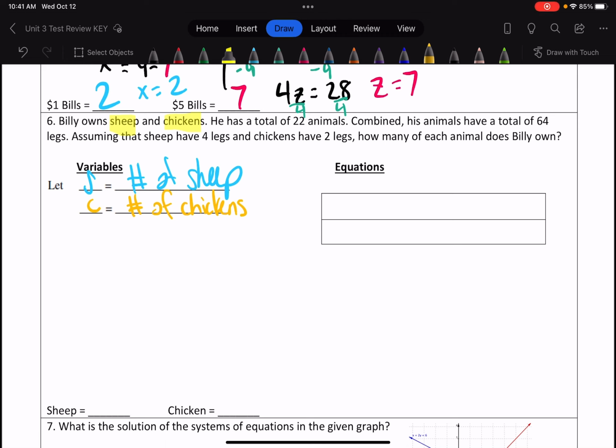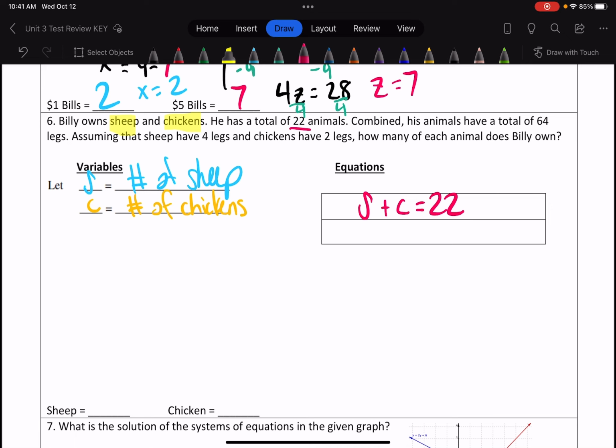Now, this problem tells me that Billy owns 22 animals. I know on his farm he only has sheep and chickens. So those 22 animals has to be some number of sheep combined with some number of chickens. So I can write that equation as S plus C is equal to 22.